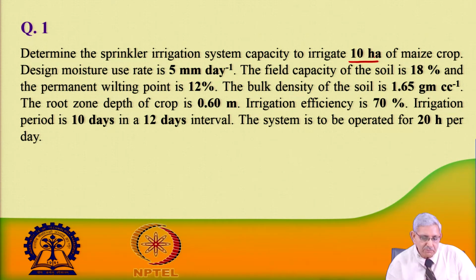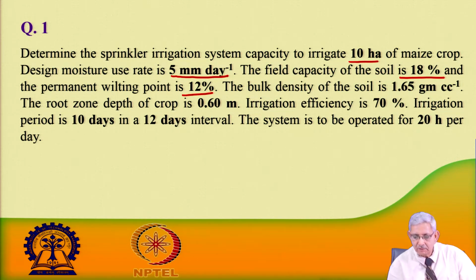The design moisture use rate is 5 millimeter per day. This is the water being withdrawn from the soil by the crop, which is 5 millimeter per day. The field capacity of the soil is 18%, permanent wilting point is 12%.